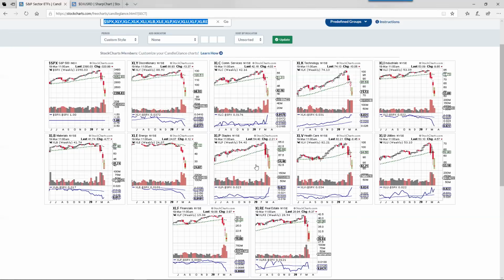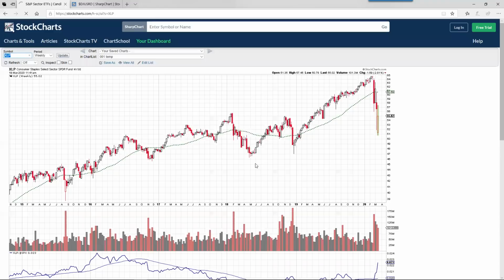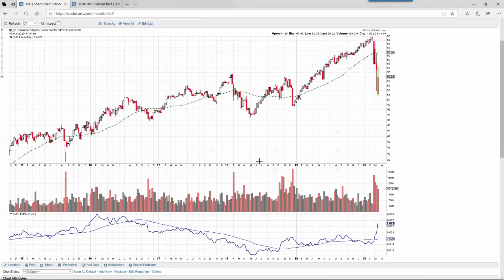What I do is I pull these up and look at them after being in candle glance. You can see here this beautiful area of accumulation in relative strength and leadership pulled back into early 2020, and then it's now just gone vertical, and you can see a really good bullish bar this week in consumer staples.